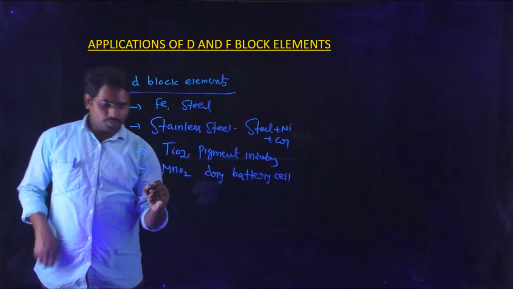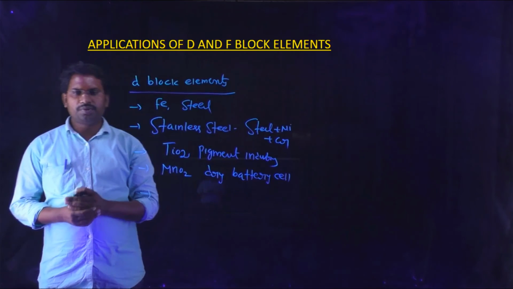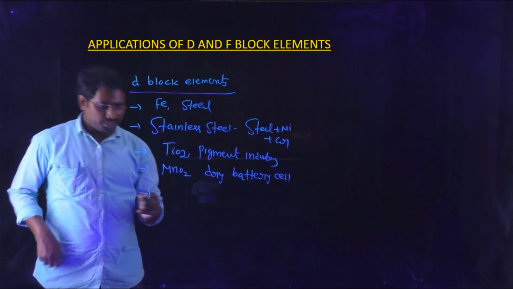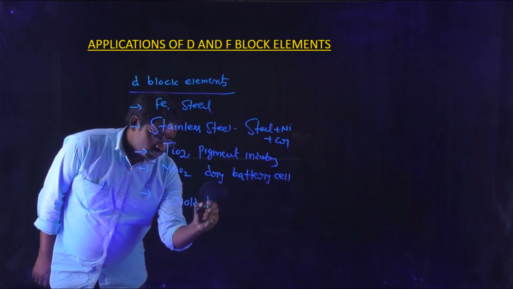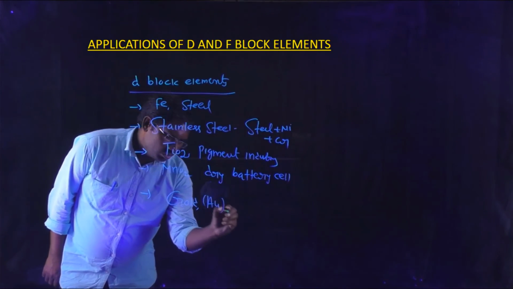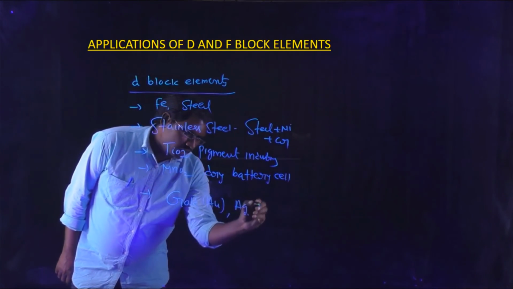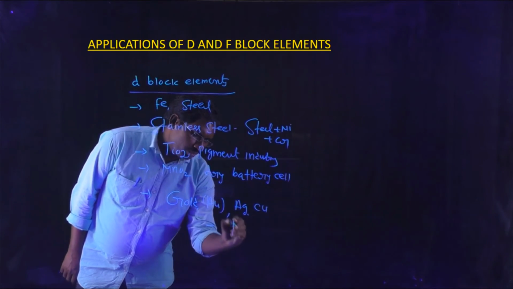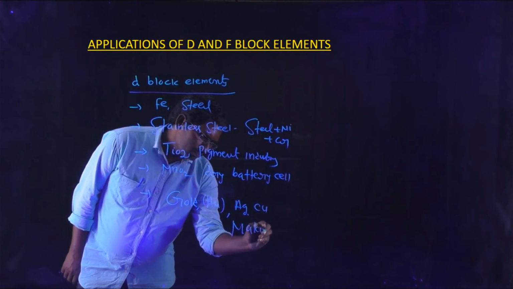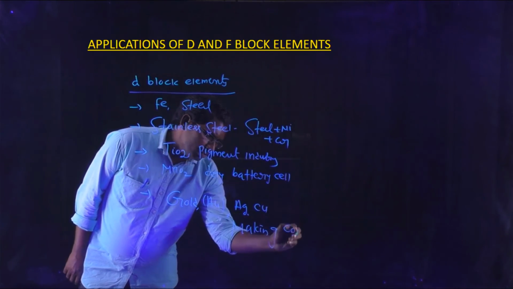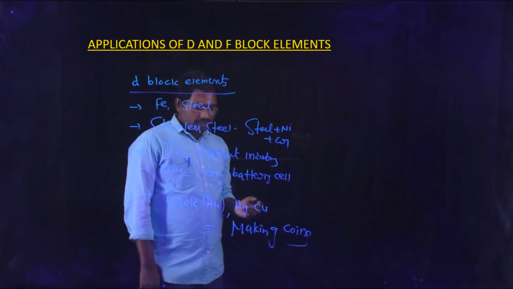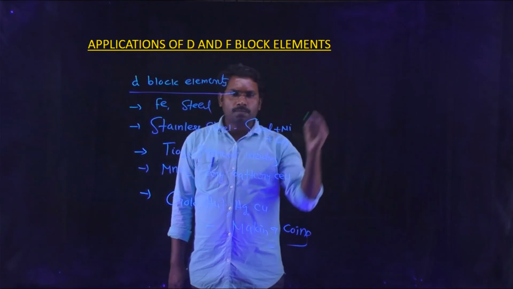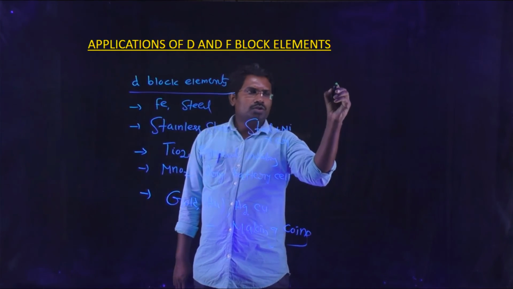And next, another important thing is that these d block elements can also be used in making coins, like gold (Latin name aurum), silver and copper. They can also be used as catalysts.